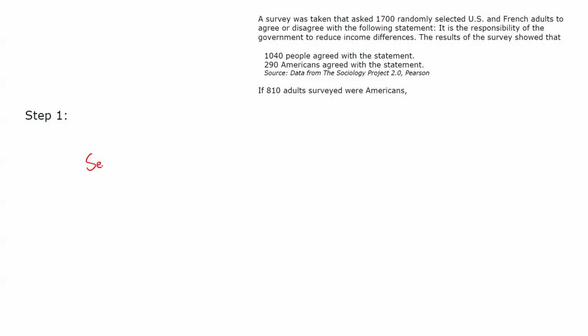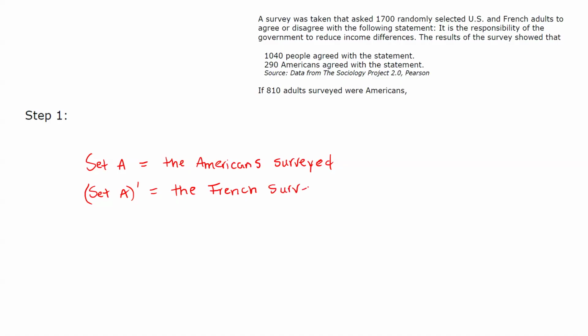We're going to let set A represent the Americans surveyed, which means if we are not set A, we would be the French surveyed.